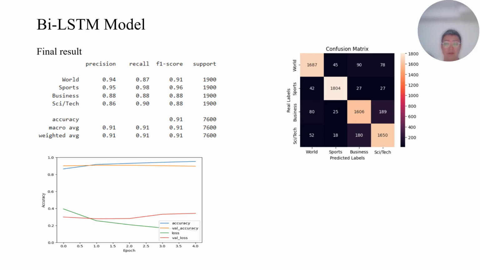The main misclassifications were between business and science technology, likely due to topic overlap. Business and science technology categories both have an F1 score of 0.88, indicating room for improvement. The confusion between business and science technology is quite obvious.